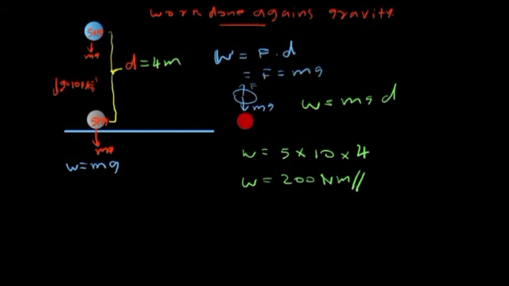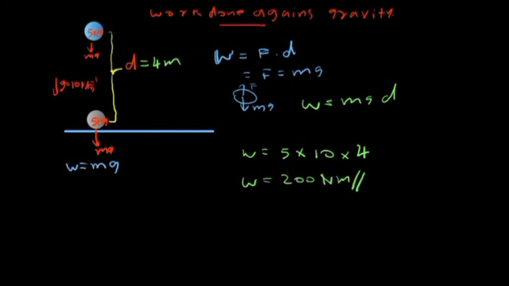The mg is downward and the F is upward, so the work done is mgd. The mass is 5 kilograms, the gravitational acceleration is 10 newtons per kilogram, and the distance is 4 meters, so the work done is 200 newton meters.